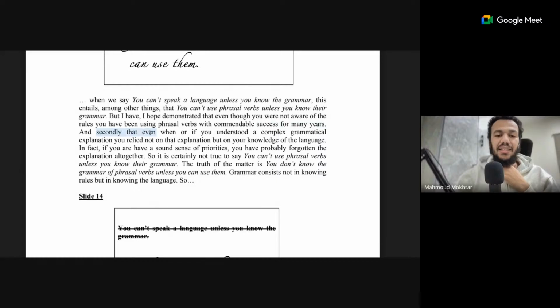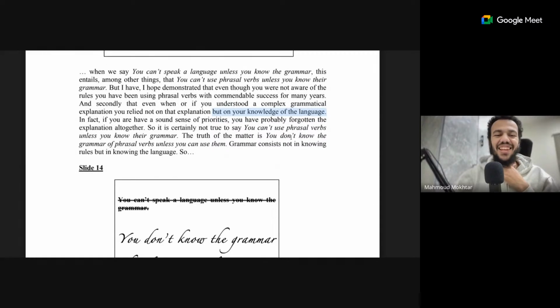And secondly, that even if you understood a complex grammatical explanation, you relied not on the explanation, but on your knowledge of the language.